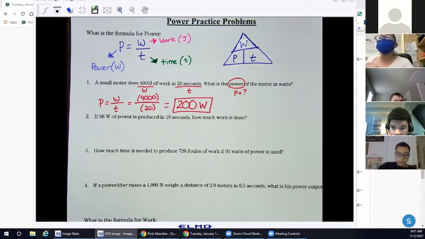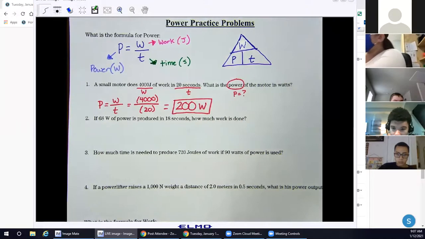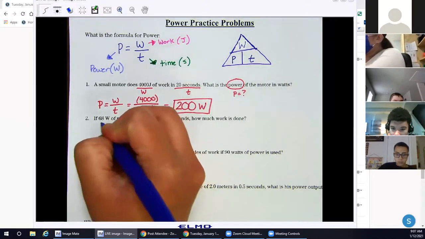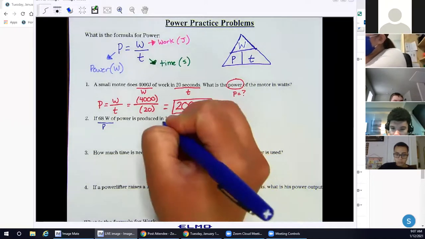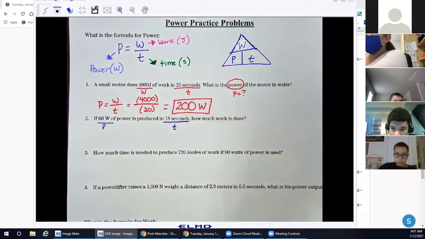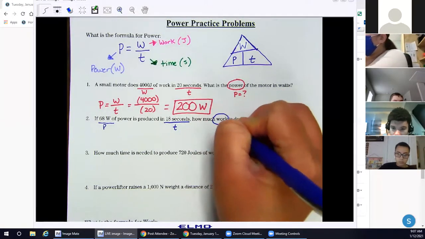So number two. If 68 watts of power, so that's my power, is produced in 18 seconds, that's my time, how much work is done? So we're looking for our work.